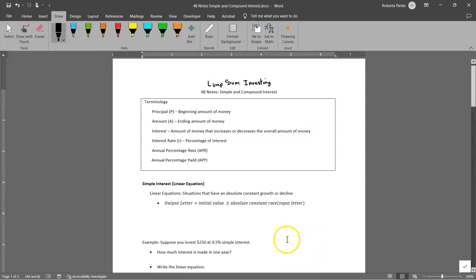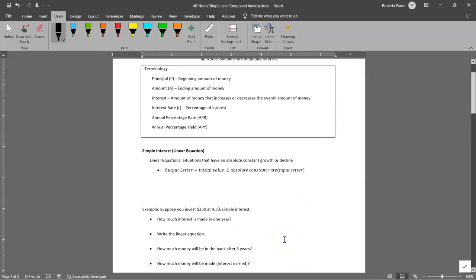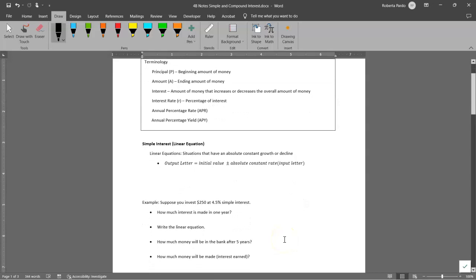All right, so simple interest is a linear equation, which means that it's growing by the same amount of interest each year.